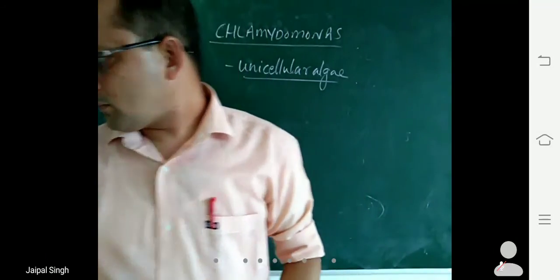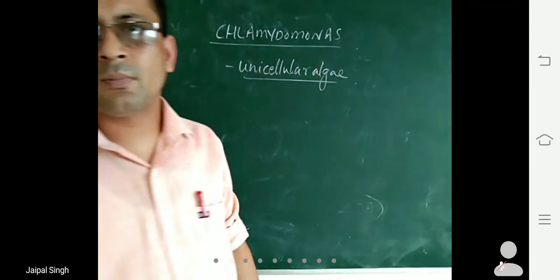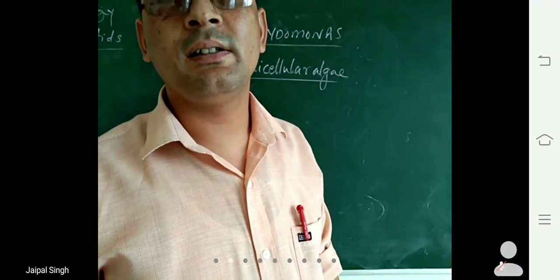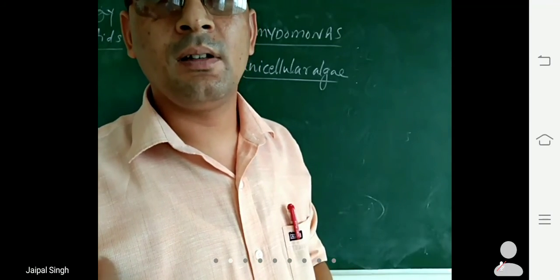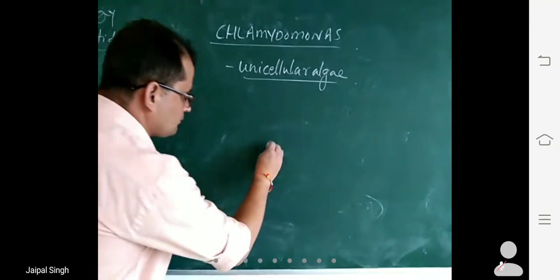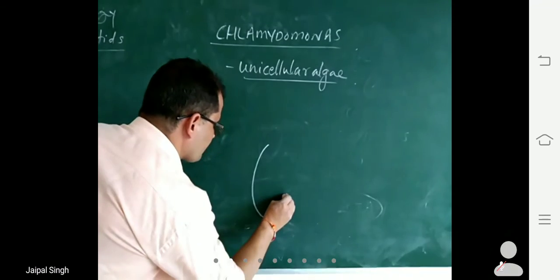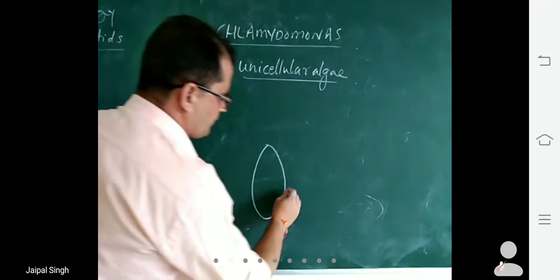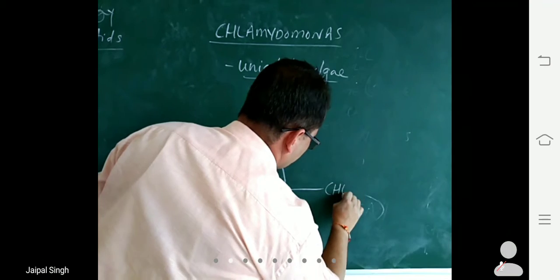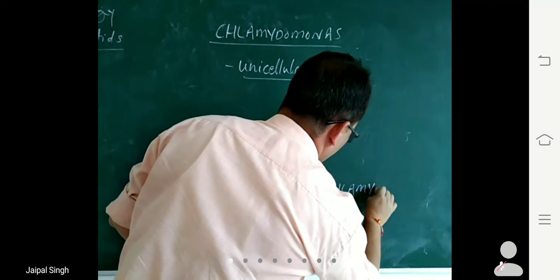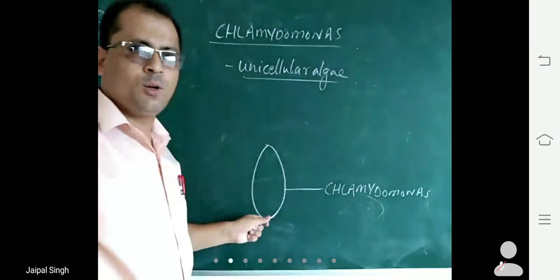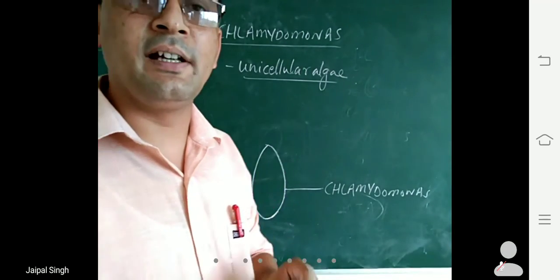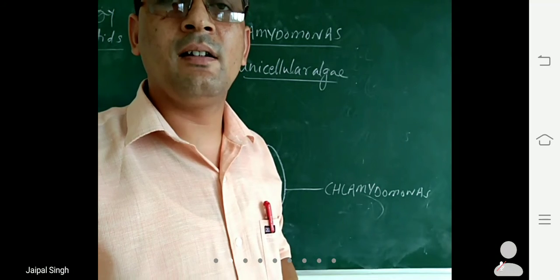Now you can see the body of this chlamydomonas is unicellular and biflagellate. Okay, see here. This is chlamydomonas. It is made up of a single cell and it is biflagellate.